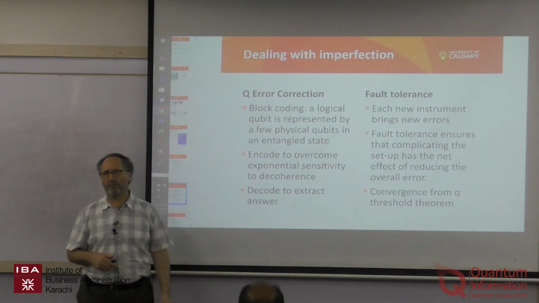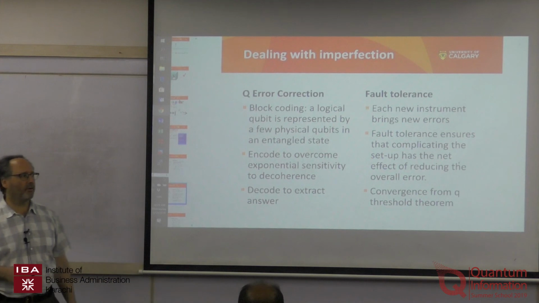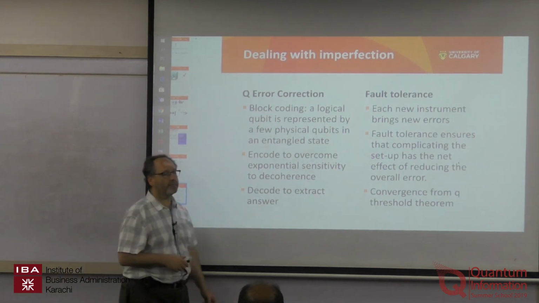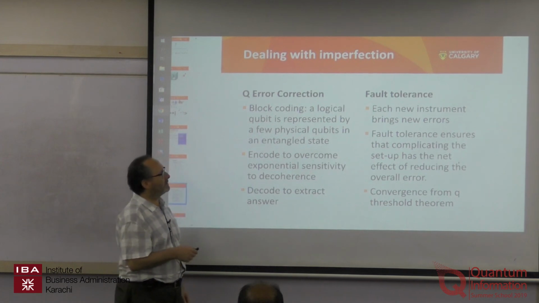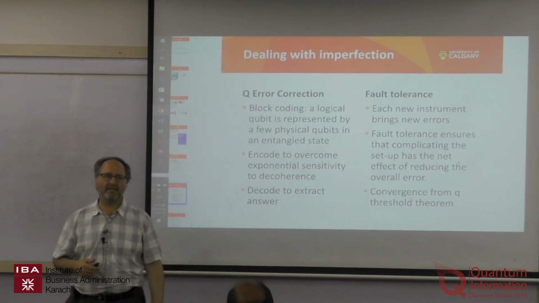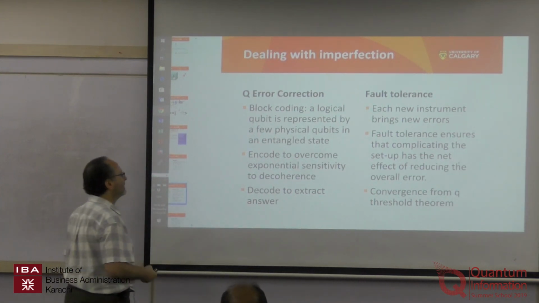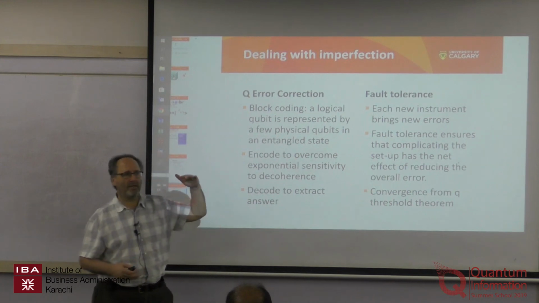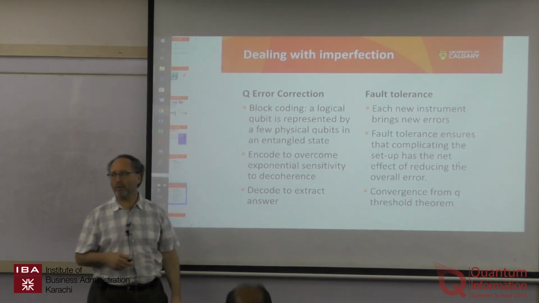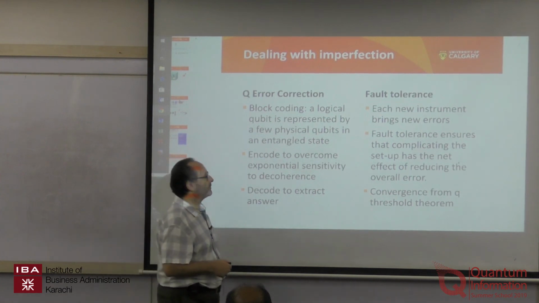There's actually a theorem about this known as the quantum fault tolerance theorem or quantum threshold theorem that goes back to the 1990s. And so the idea is that it's an existential proof. The idea is that there exists some performance level, if everything meets it, then there will be convergence and quantum computing will be scalable.